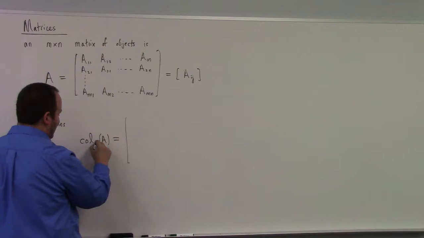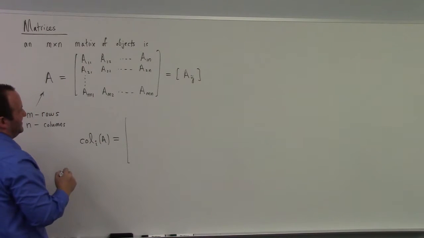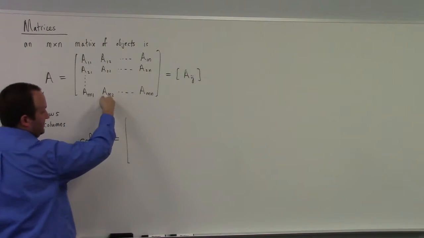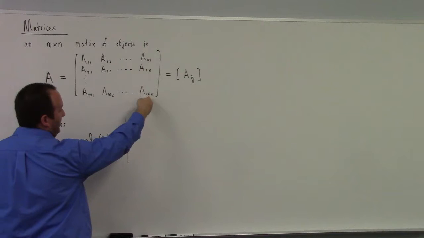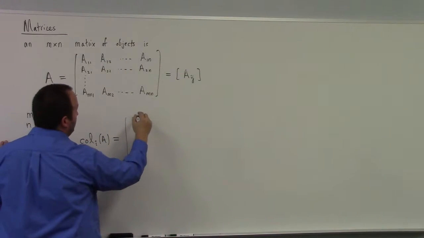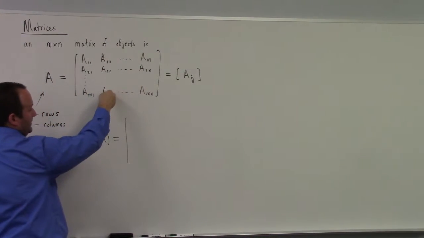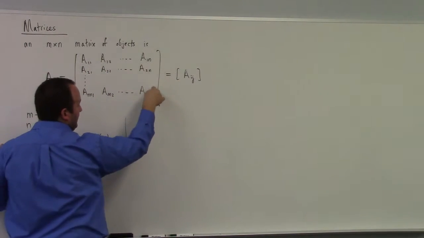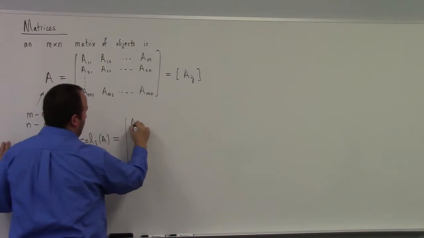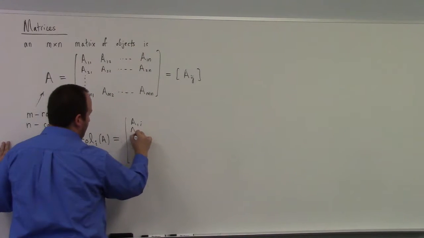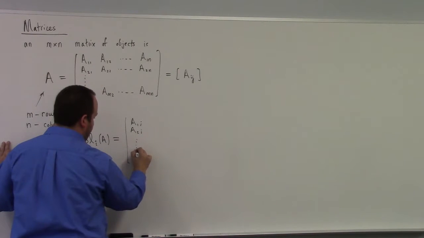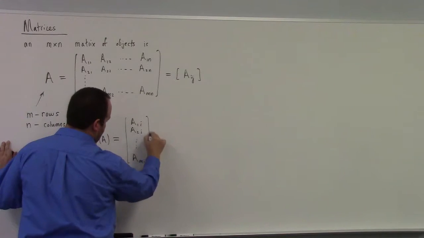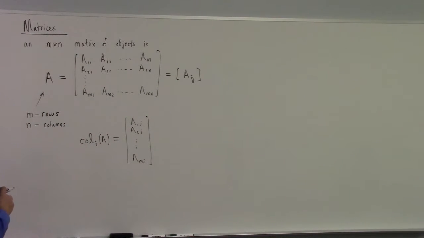The ith column of A, you have to imagine, like here's the first column, here's the second column, that's the nth column. The ith column, you have the second index fixed, right? 1, 1, 1, 2, 2, 2, n, n, n. See that? So it's just A1i, A2i, dot, dot, dot, Ami. There you go. That's the ith column of A.